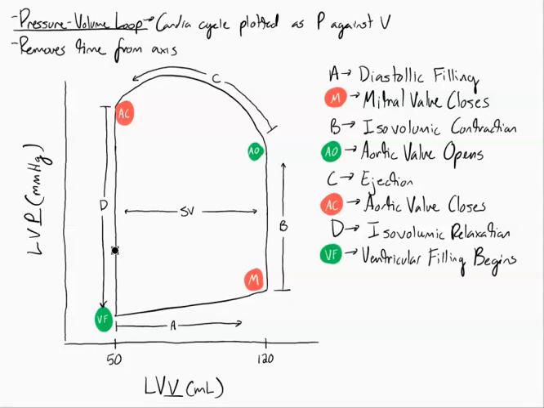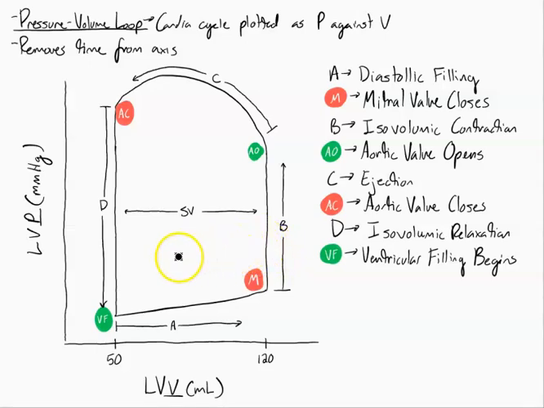Moving on, afterload is the resistance the heart must overcome to eject blood, and this is represented by arterial elastance. So if afterload increases, more pressure is needed to eject the same volume, so stroke volume may drop.